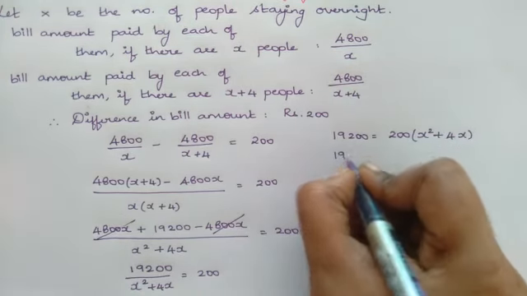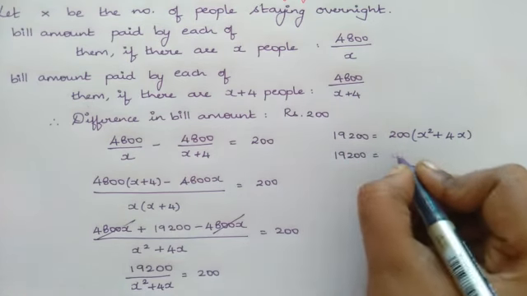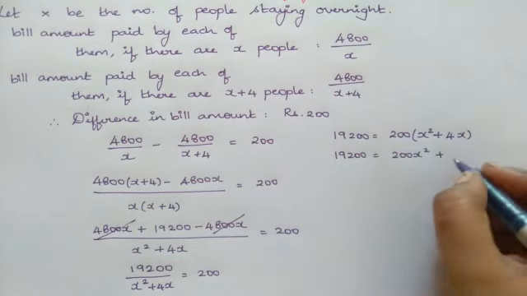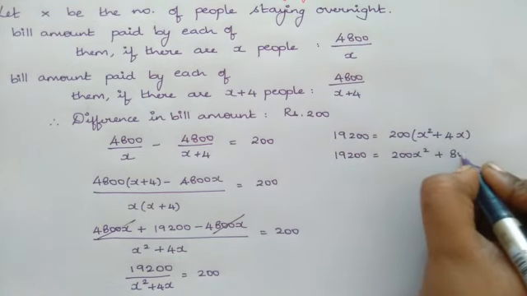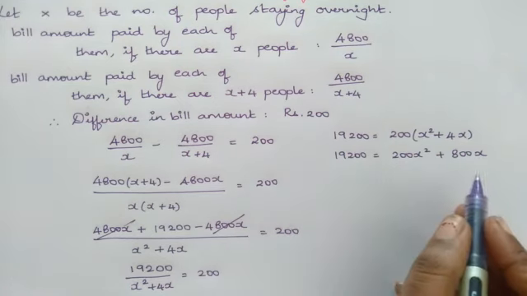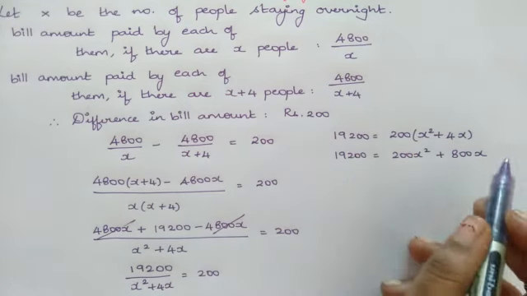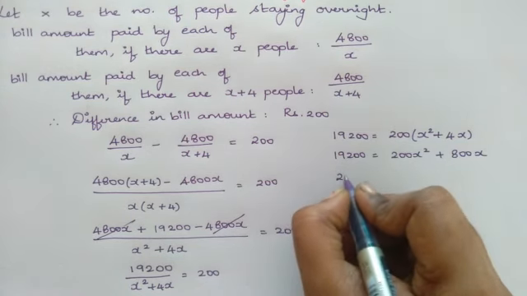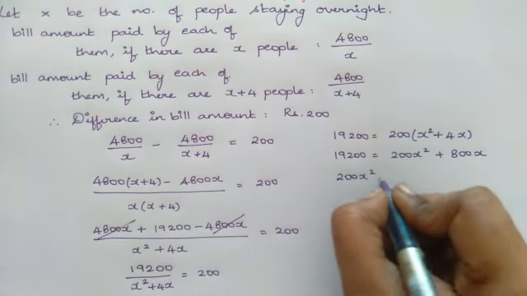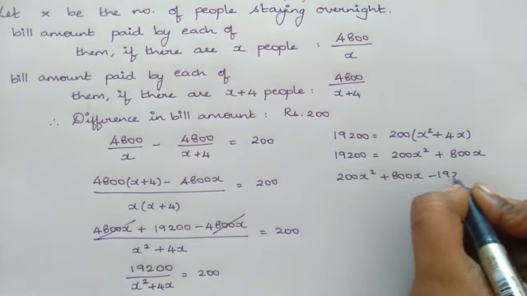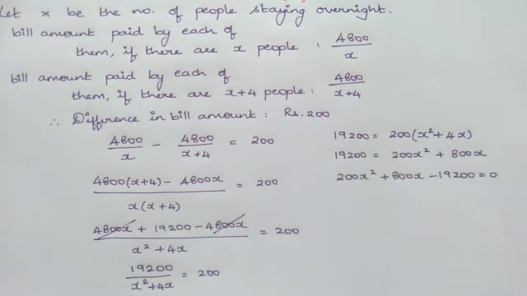So this is 19,200, which is equal to 200x square plus 200 into 4x, which is 800x. Now let's bring all the terms to one side. 19,200 that side will go as minus 19,200. So 200x square plus 800x minus 19,200 equal to 0.